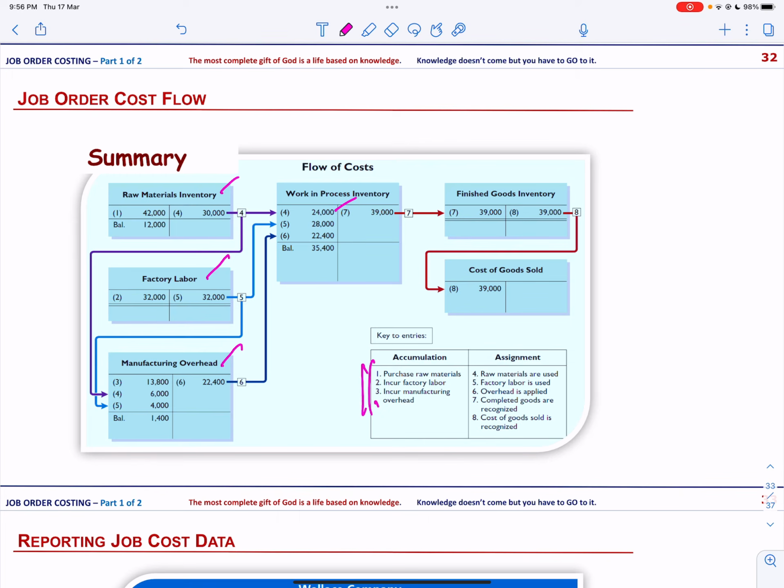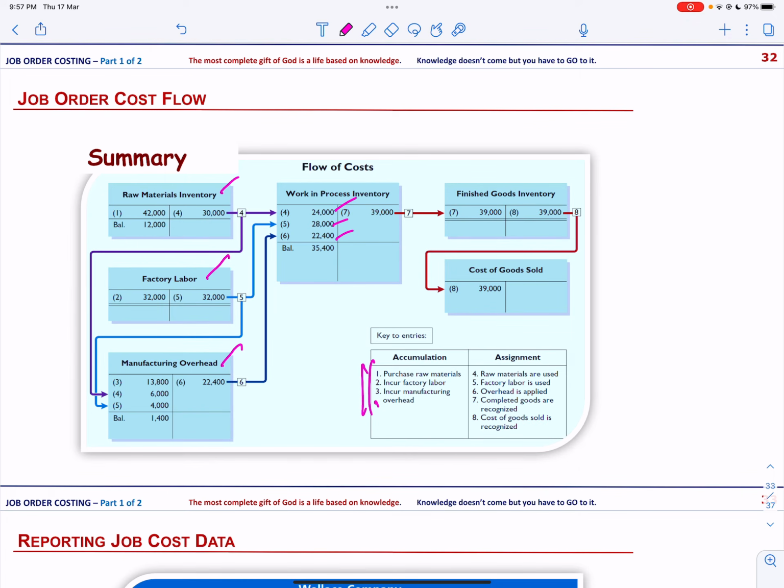Similarly, it either assigns factory labor to work in process or treats it as manufacturing overhead if the factory labor cannot be associated with a specific job. Finally, it assigns manufacturing overhead to work in process using a predetermined overhead rate. Always remember, do not assign overhead using actual overhead cost, but instead use a predetermined rate.